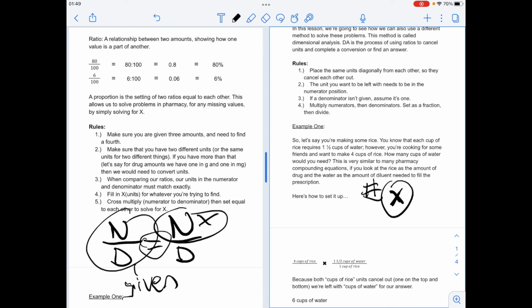And we set up the given to make the units cancel. So whatever unit this is needs to cancel with this. And this unit right here needs to be what we want to be left with. So we want to be left with whatever unit is in the numerator position on the right. So unit to be left with.